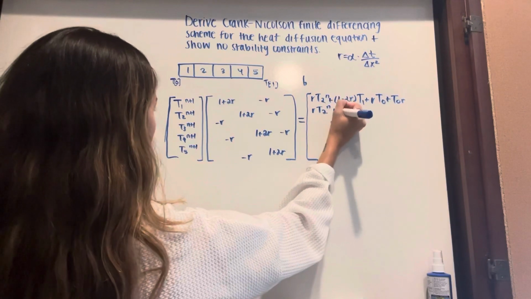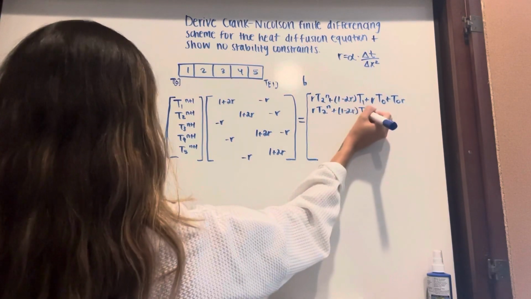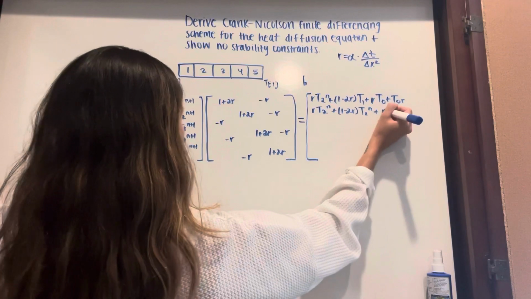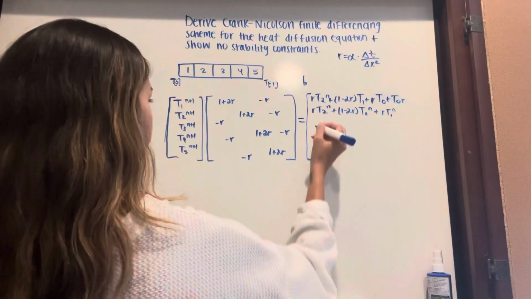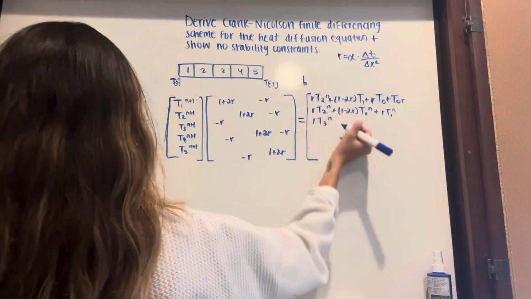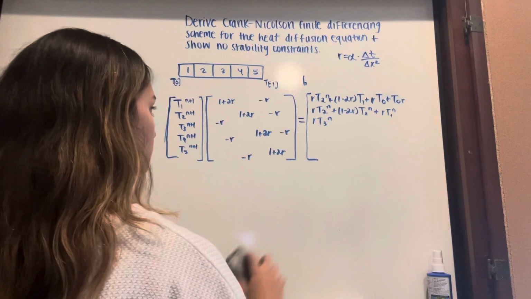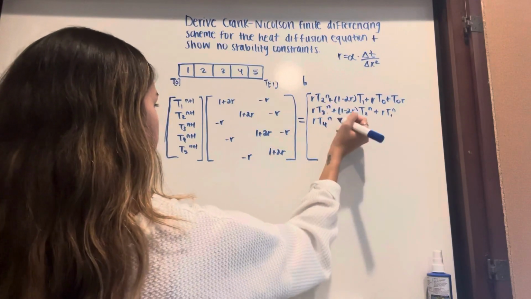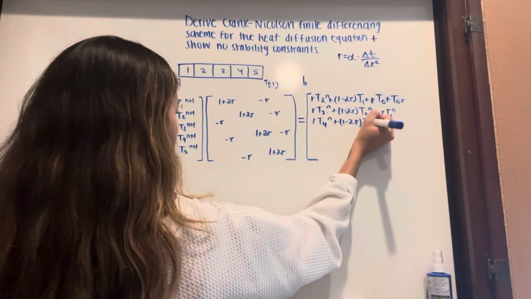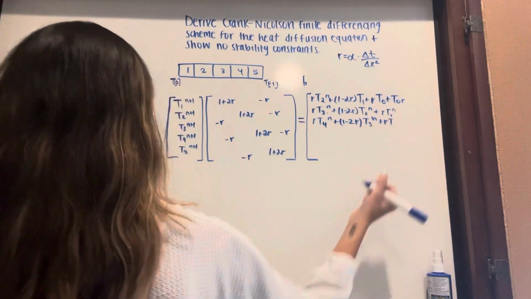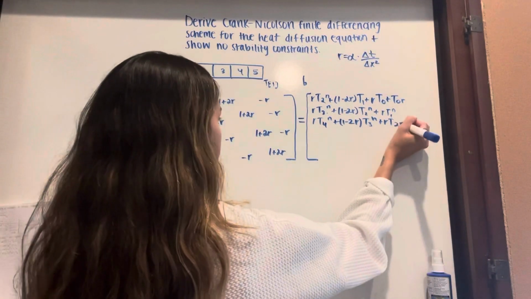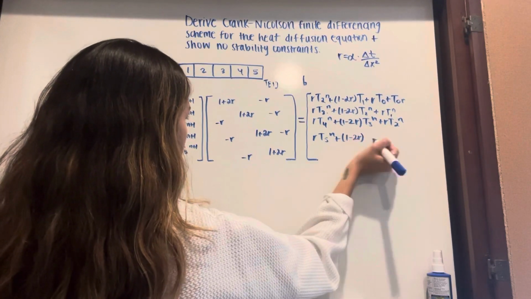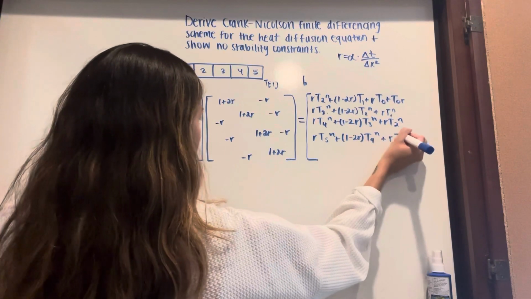I'm going to calculate that by times T2 n plus r T1 n, and for the initial, that's 3 and this is 4. 3, 4 plus 1 minus 2r T3n plus r T2n, and then for r T5, 1 minus 2r times T4n plus r T3.